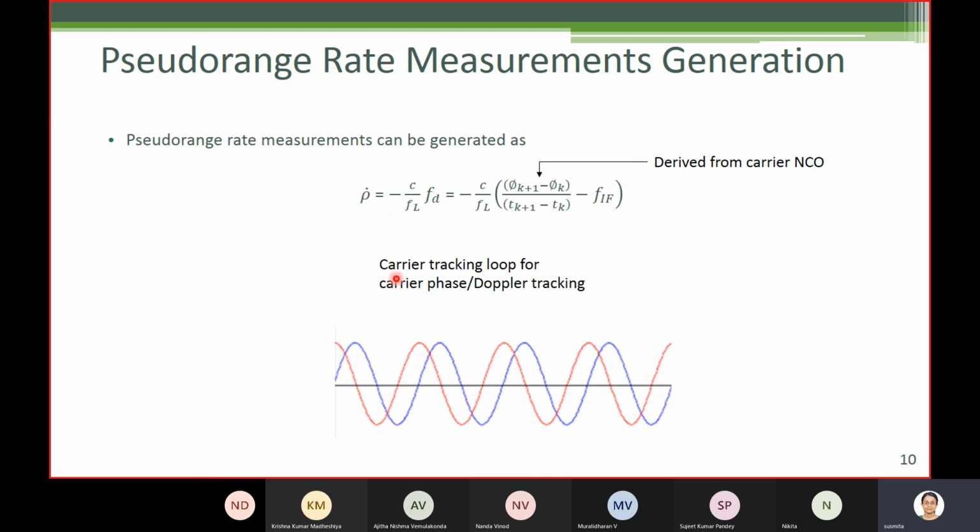Now in case of carrier tracking, we have two possibilities. Either a PLL is locked. When a PLL is locked, this is the incoming carrier and blue is the replica carrier of the receiver. When a PLL is locked, blue and red are aligned. They are synchronized.